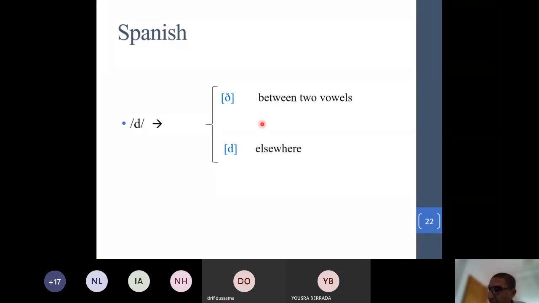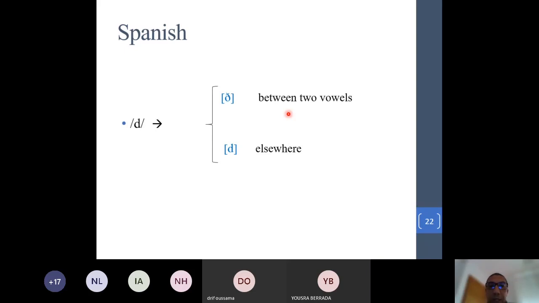This movement is called spirantization, weakening, or lenition. And the reverse, the movement from a fricative to a stop or approximant to a stop, is called strengthening. We see this when we deal with other data sets and when we talk about the formalization of phonological processes.